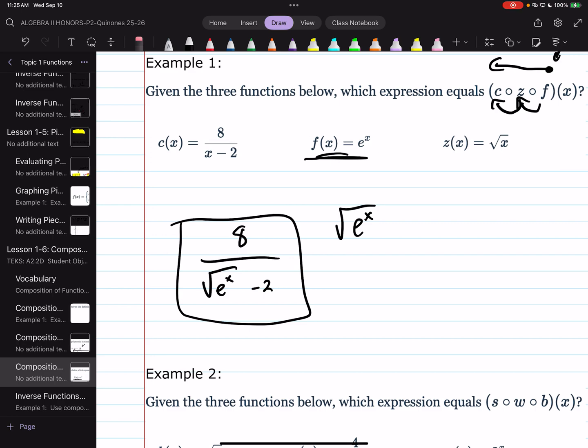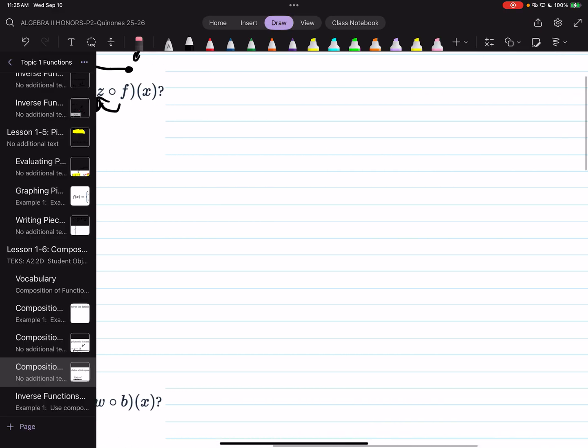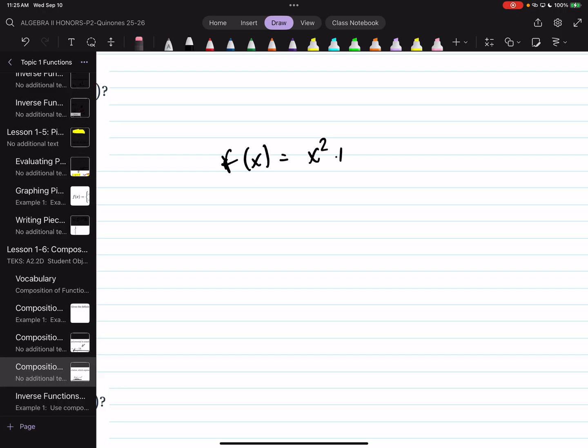So although this one cannot be simplified further, if I were to give you a function, let's say, f of x is equal to x squared plus 2x plus 1, g of x is equal to x plus 2, and then h of x is equal to 7.